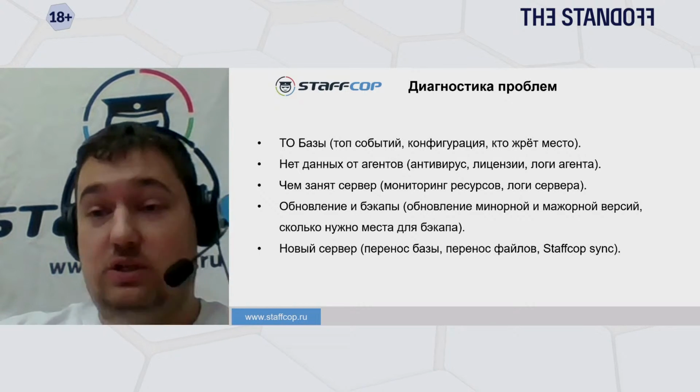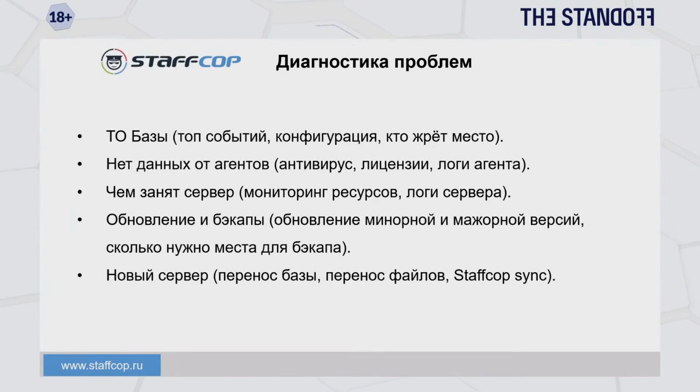What about troubleshooting? How do we make our lives simpler using the servers? First of all, you need to maintain your database. You need to regularly inspect data. Very often, for example, Nextcloud is installed, and it creates a lot of network events.